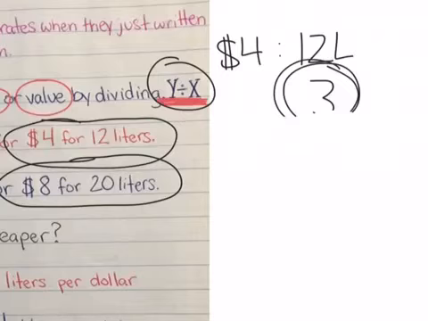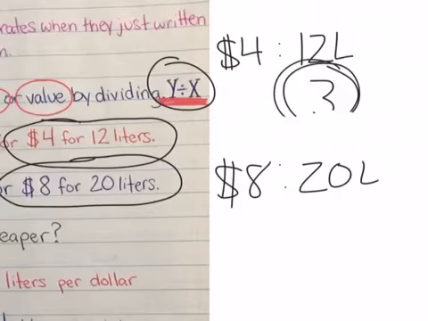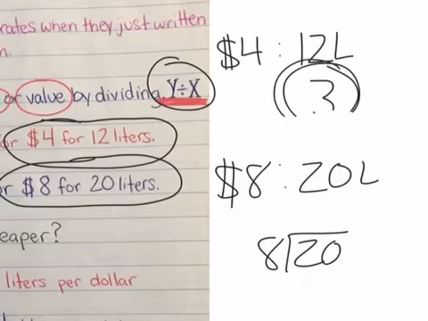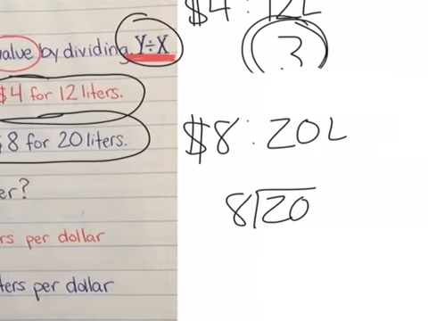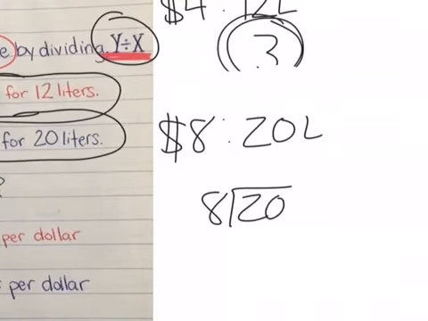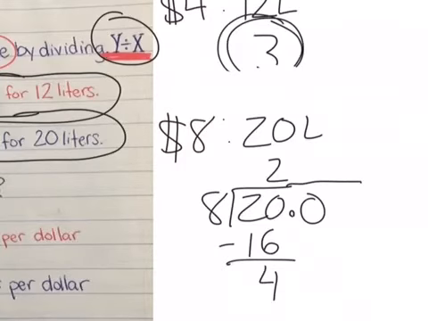And for our second ratio, we have $8 to 20 liters. So let's take our y value, which is 20, and divide it by 8. This one's not quite as simple, but remember we're talking about money, so let's do decimals. 8 goes into 20 twice, which gives us 16 with a remainder of 4. And like I said, since we're talking about money, we're going to extend it using a decimal.